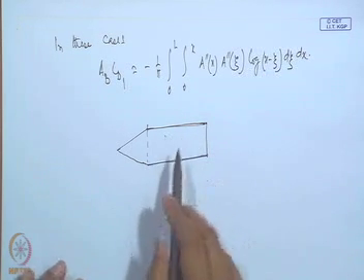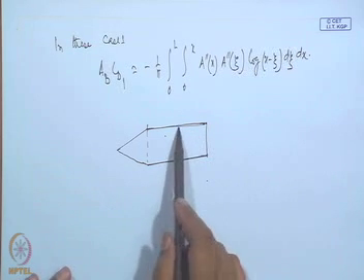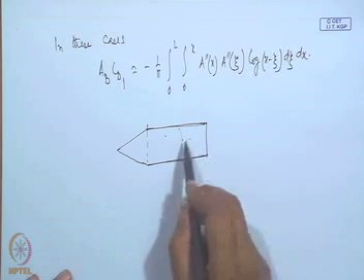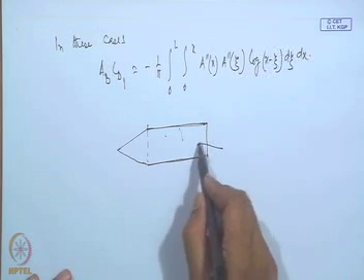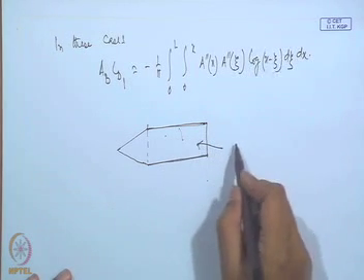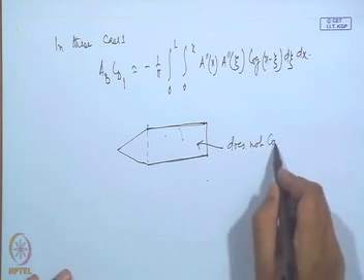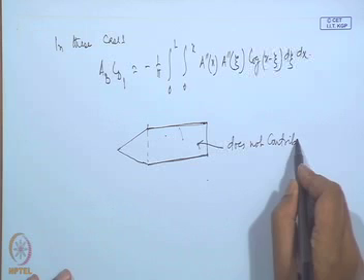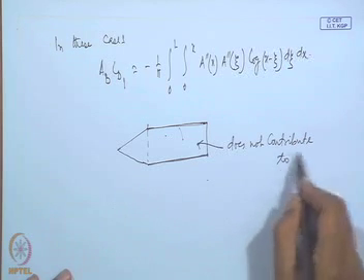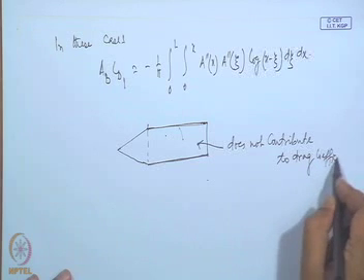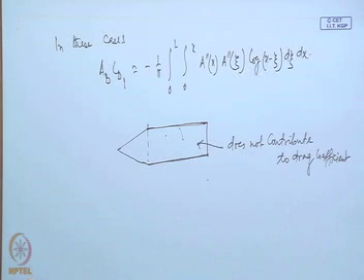So, this part over which there is no change in cross sectional area does not contribute to the drag coefficient. And hence drag.